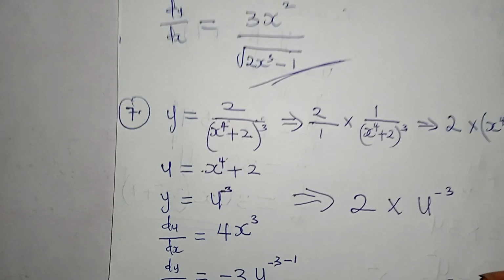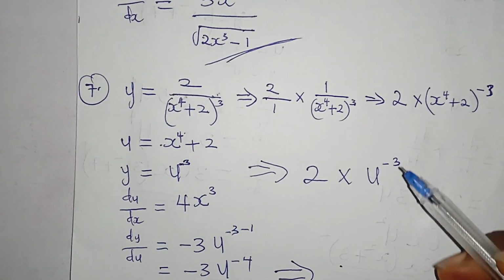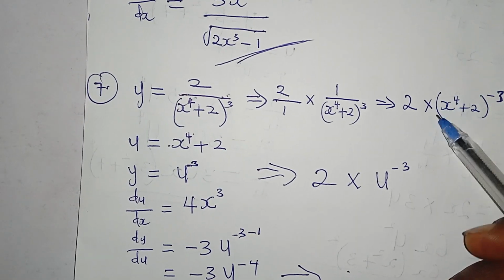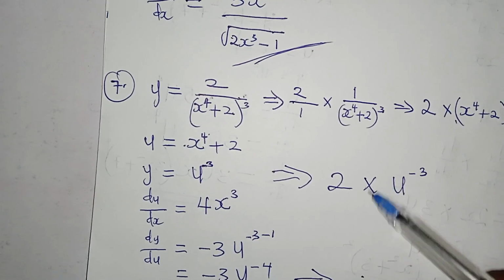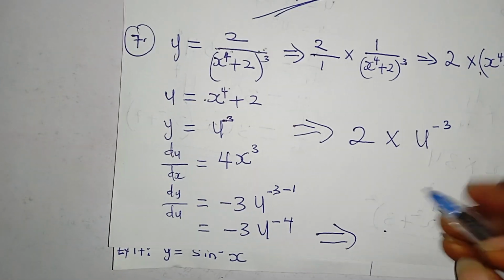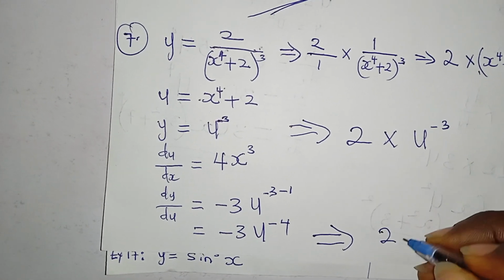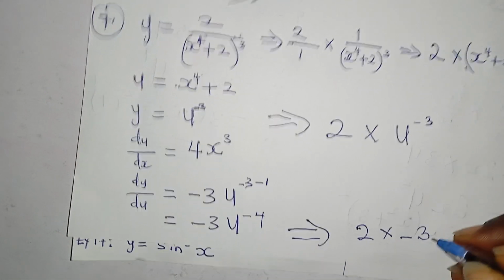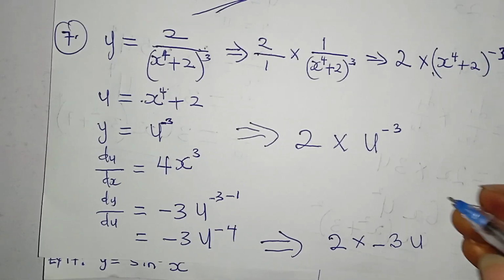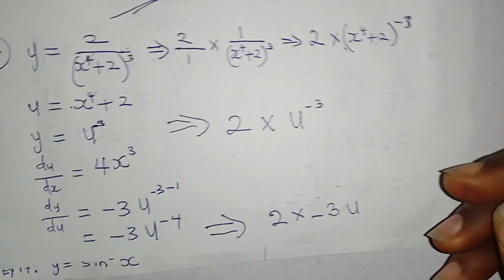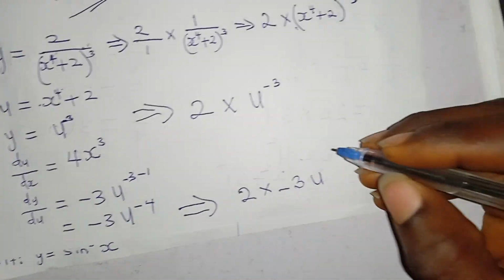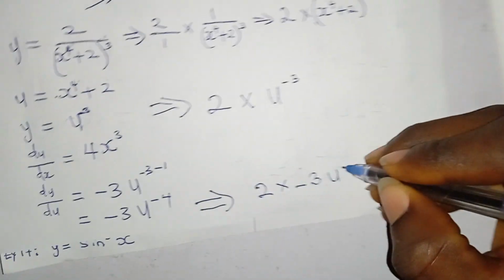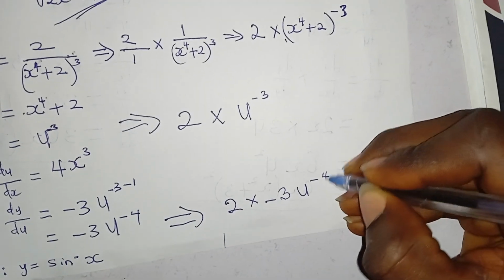This is what our y is supposed to be. Looking at this, because this is u raised to the power minus 3 and there's 2 in front of it, this is the same thing as 2 times minus 3u raised to the power minus 4.